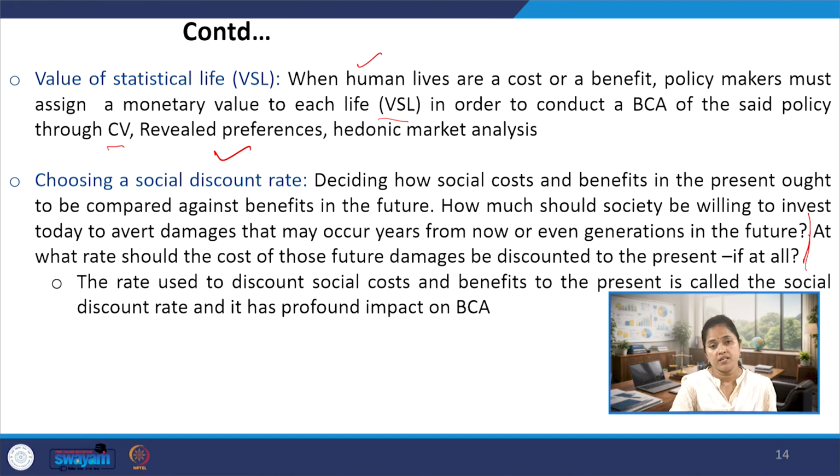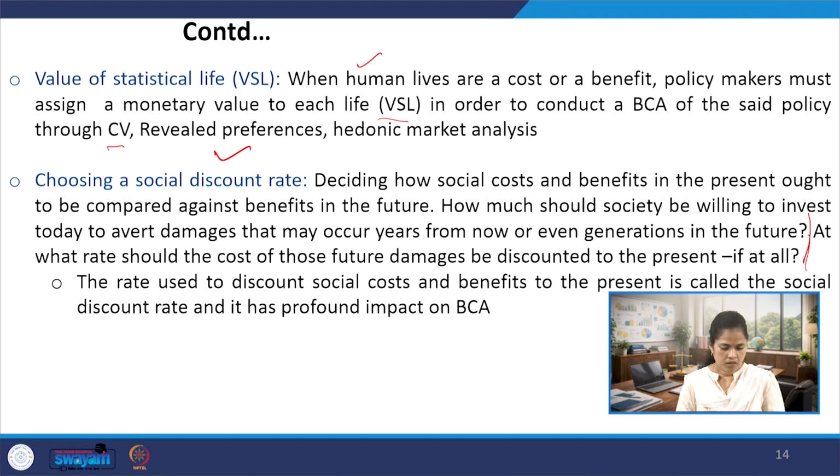Okay, so for this social discount rate, we can go back to understand what is known as Ramsey's formula, right? For calculating the social discount rate, we have to calculate the social rate of time preference, that is already used in the Ramsey rate or Ramsey formula, right? And the second aspect is the social opportunity cost of capital. So these are two very important things that need to be discussed for the social discount rate.